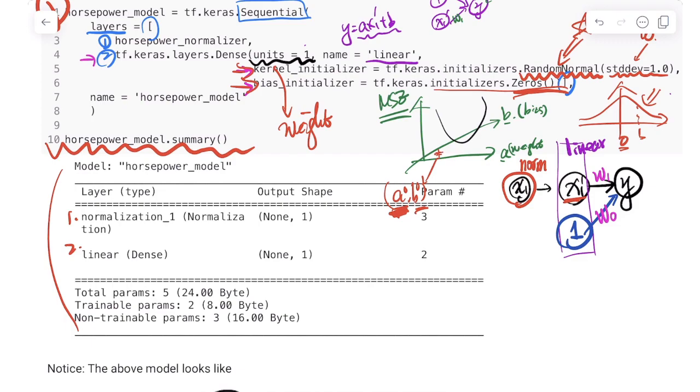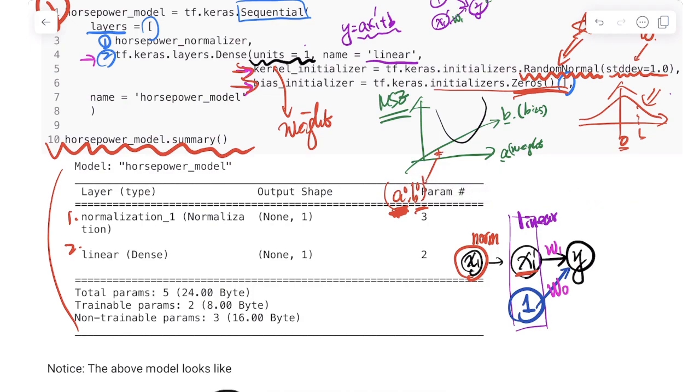The output shape here is None, 1, where the 1 means x1 prime, because it outputs only one feature. The None here means the number of inputs.